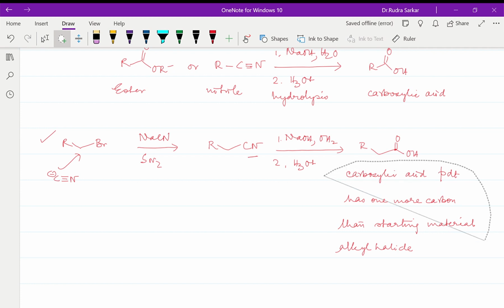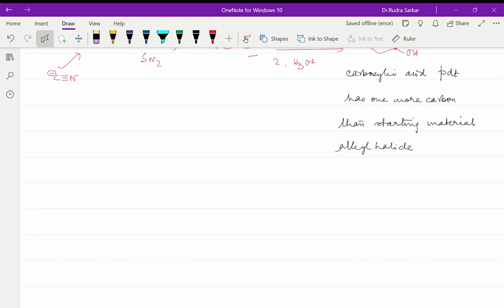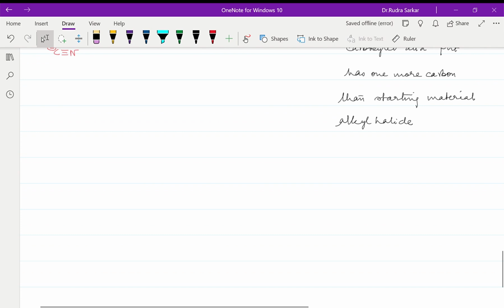So whenever you want to increase the carbon by 1 unit, think of using an alkyl halide, introducing a nitrile group using NaCN, and then perform the hydrolysis. That is the base or the acid hydrolysis. Okay. In the next section, we will again talk about another procedure by which we can increase the carbon unit of the chain by 1 unit.